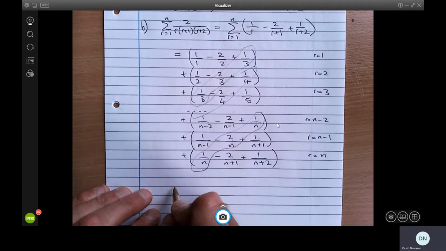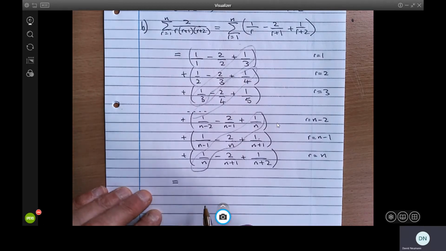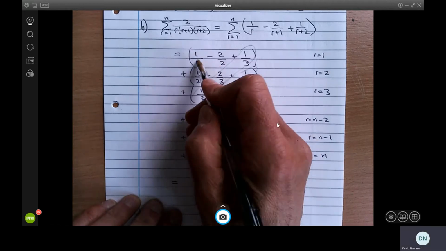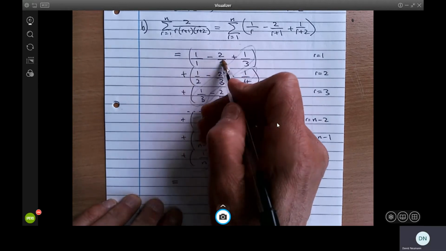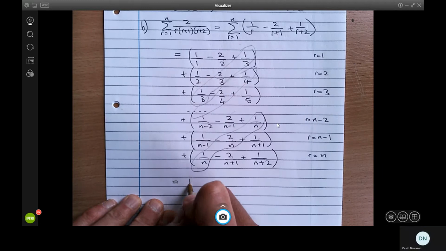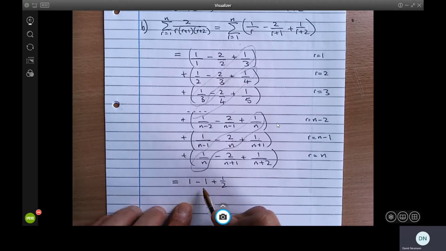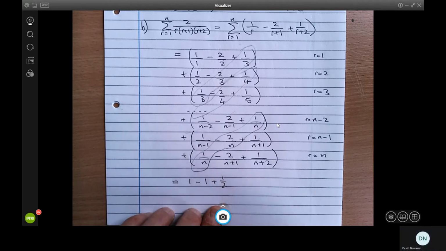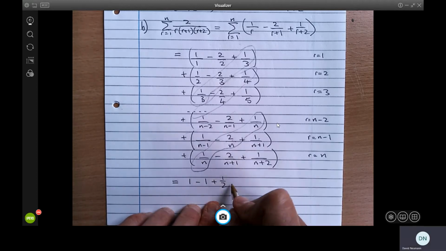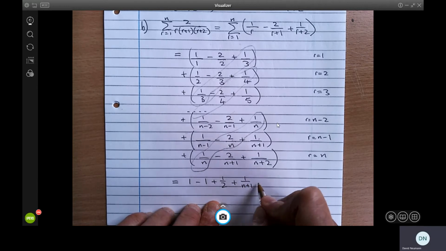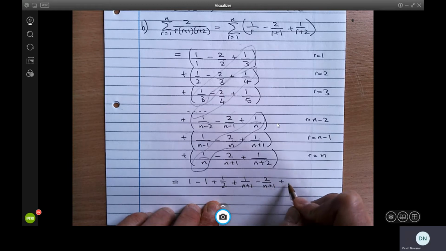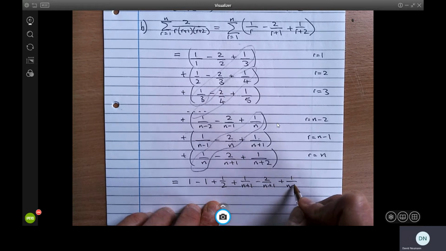So we're going to say that this is equal to, well, this is 1 minus 1 plus a half. 1 minus 1 plus a half. I could have left those as 1 over 1 and 2 over 2, of course. And then we've got plus 1 over n plus 1 minus 2 over n plus 1 plus 1 over n plus 2.